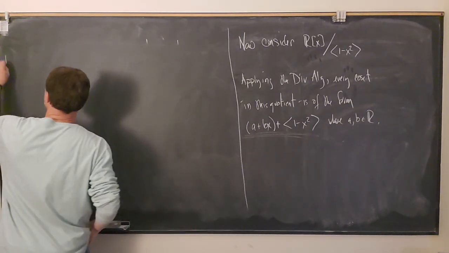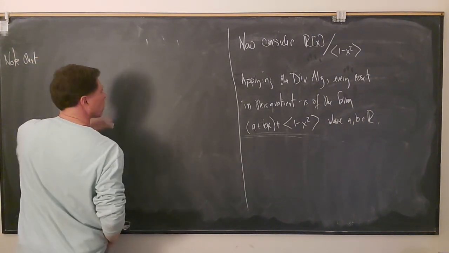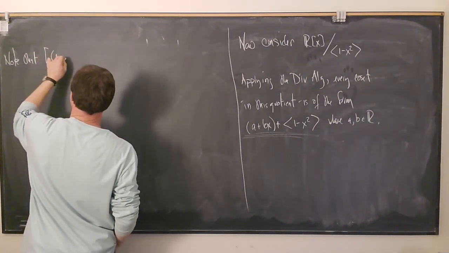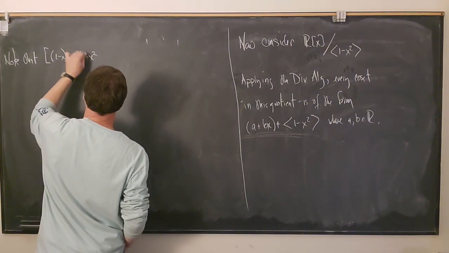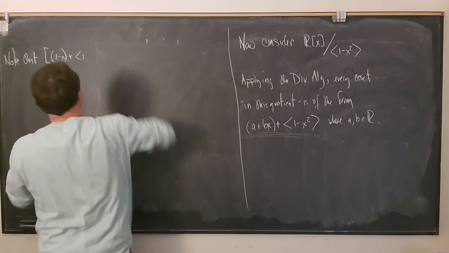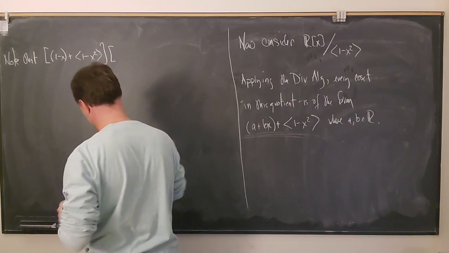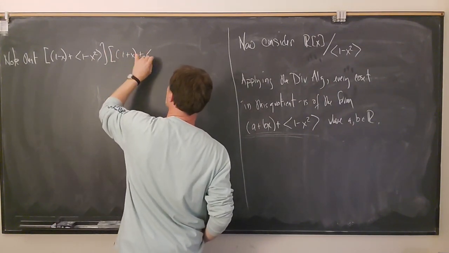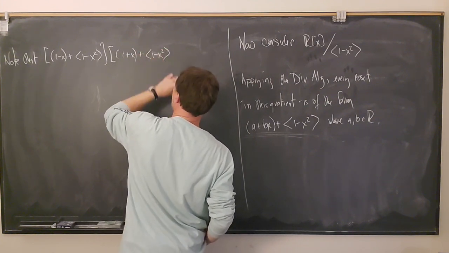So note that if I'm going to multiply a couple of cosets here, so I want to do 1 minus x plus the ideal generated by 1 minus x squared, times the coset 1 plus x plus the ideal generated by 1 minus x squared.